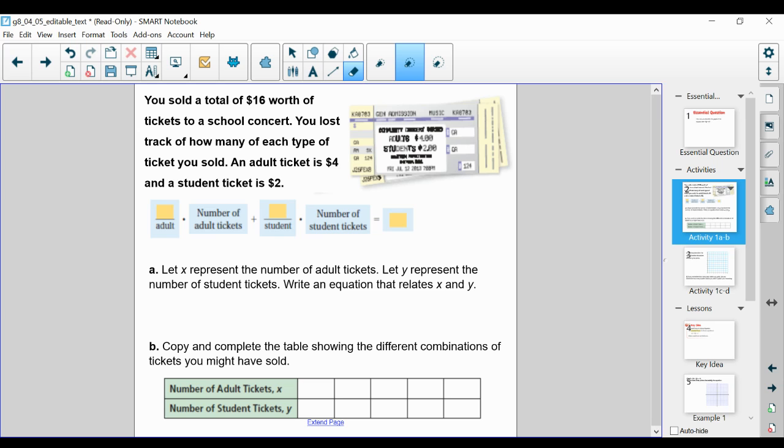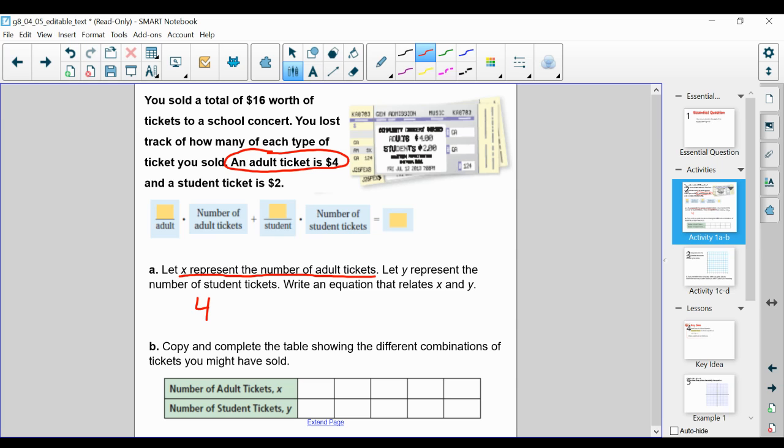All right, so if we were using the template that we were given beforehand, we know that it's the price for an adult ticket times the number of adult tickets. Well, we know that an adult ticket is $4. So we're going to have 4 times X, because X represents the number of adult tickets.